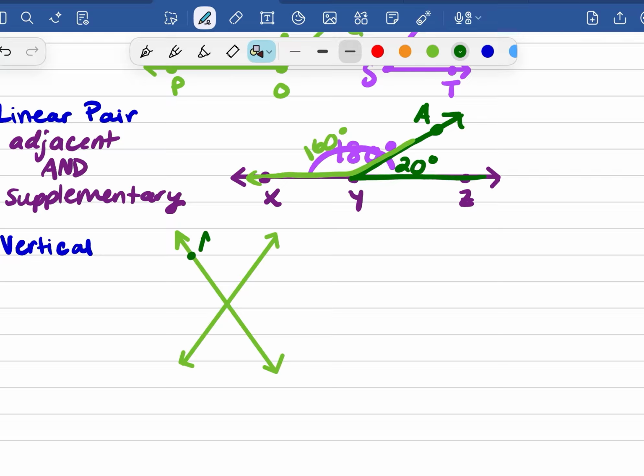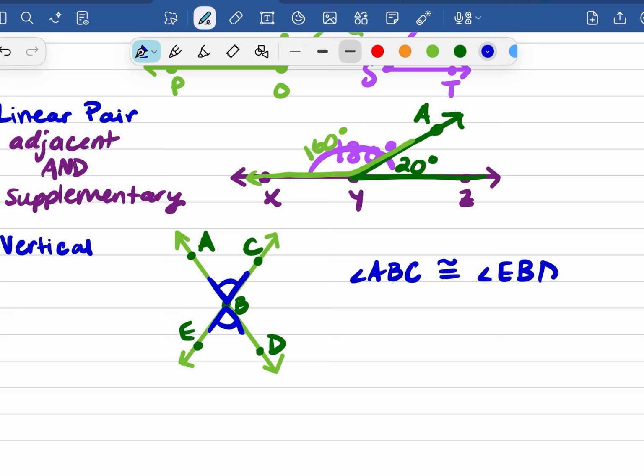So I have A, B, C, and I have E and D. The vertical angles are here and here. So angle ABC is congruent to angle EBD, and they are vertical.